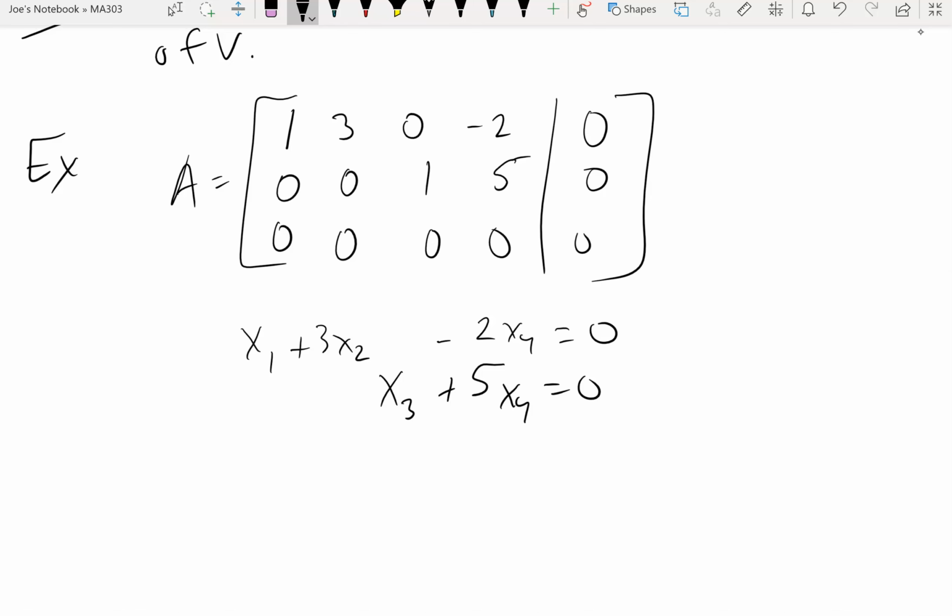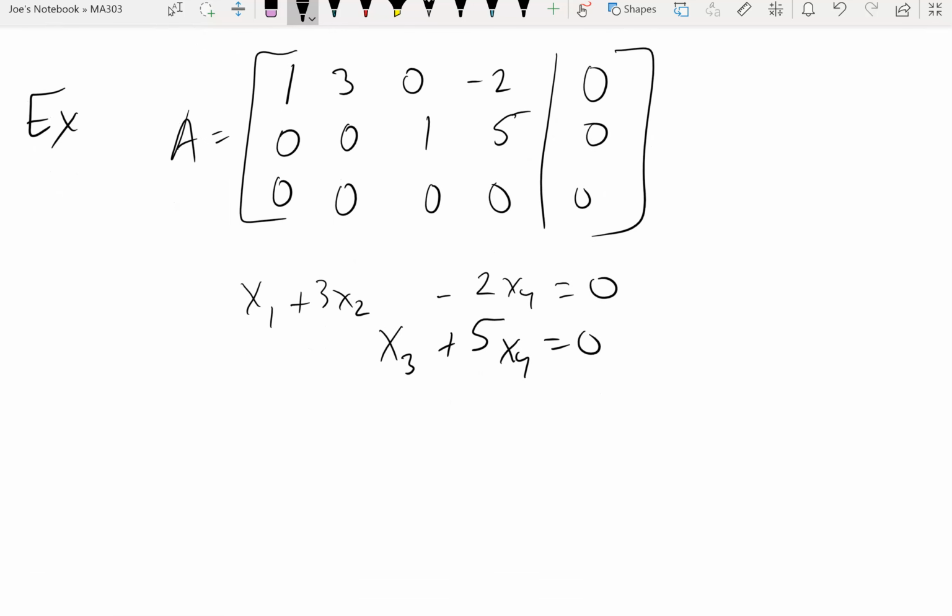And then what did we look for when we were writing the solutions? The free variables, correct? Where do we have free variables? The second column and fourth column. So we can represent x2 with an S and x4 with a T. Right? So what is x3 then? Good. And what's x1?